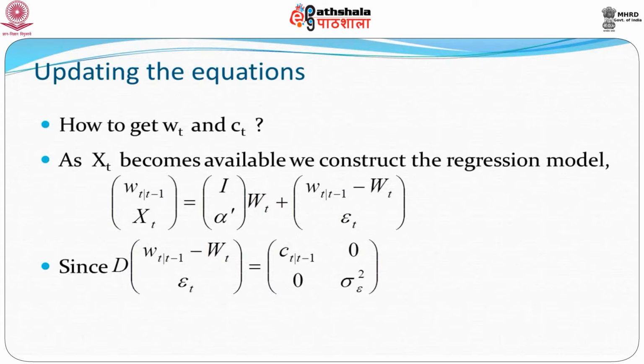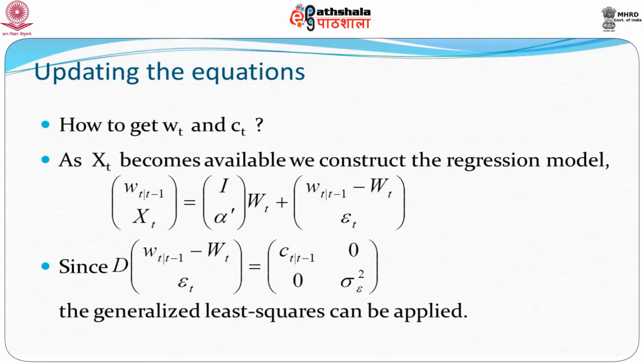So, the dispersion in this case would come out to be uncorrelated, and it will be a diagonal which would be Ct given t minus 1 and sigma epsilon square. Since the error dispersion is not an identity matrix, the regression model in this case is not spherical, we will need to apply the generalized least squares method.